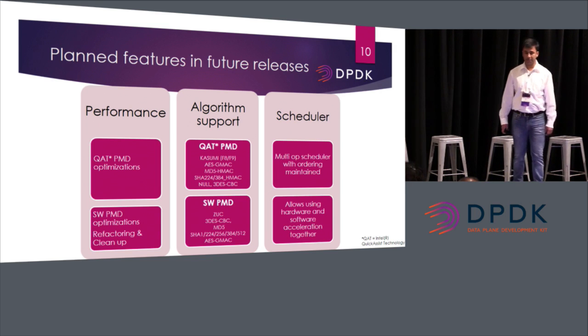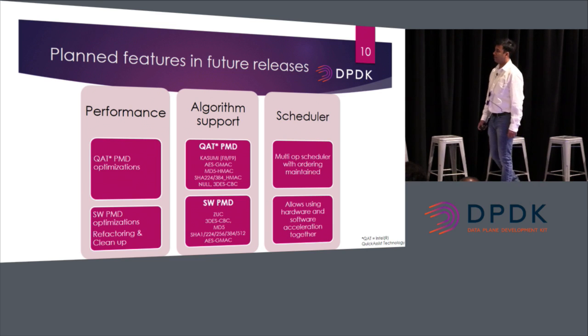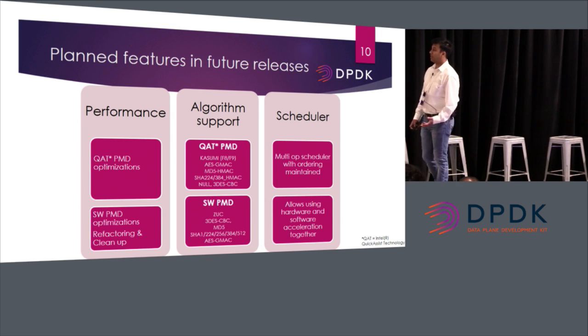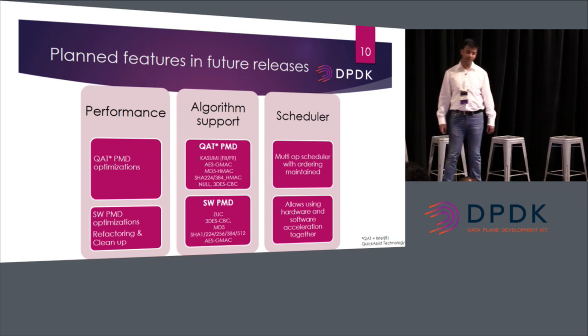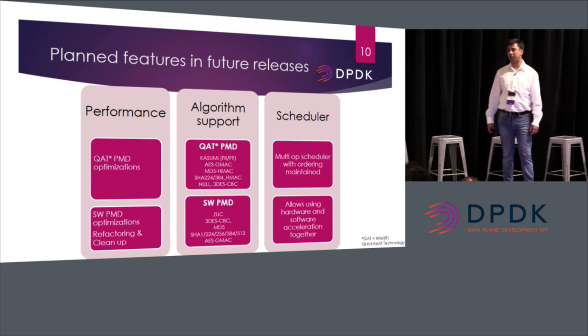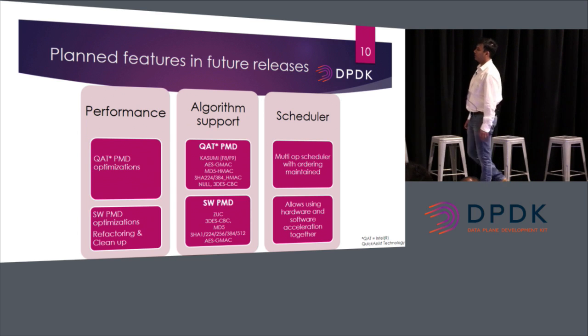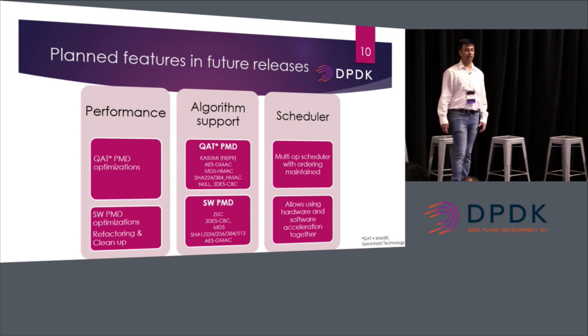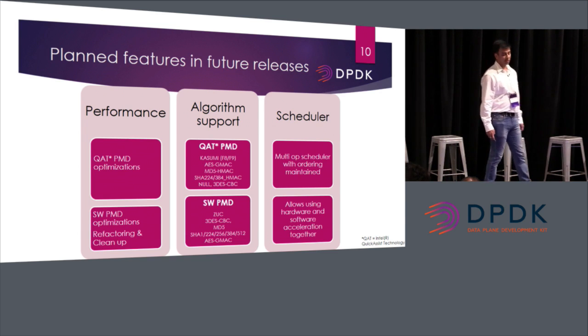The next thing, as I was talking to some people, there is more discussion on the scheduler. We are thinking of having a multi-op scheduler where the main thing is that the ordering should be maintained. What we want to achieve here is mainly to use both the hardware and software solution to the best of their potential and maximize performance.